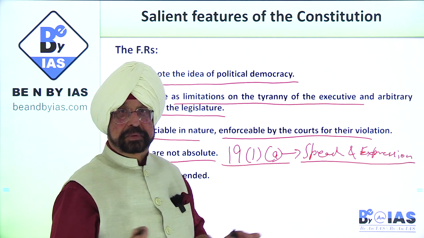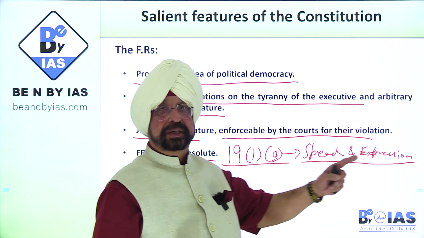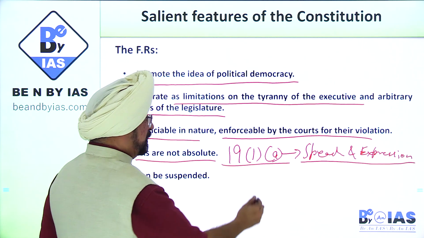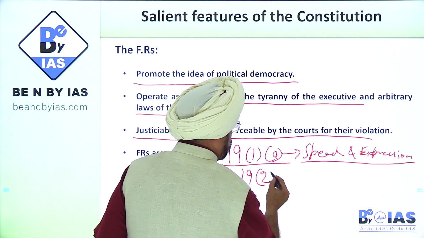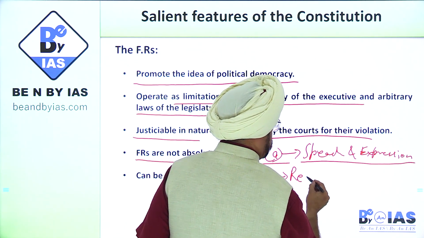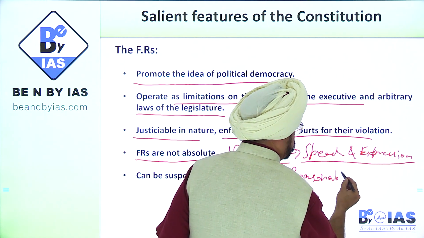But nothing is absolute in democracy. We have to take care of the others' rights also. So in that case, reasonable restrictions are there under Article 19(2). These are all subject to reasonable restrictions.